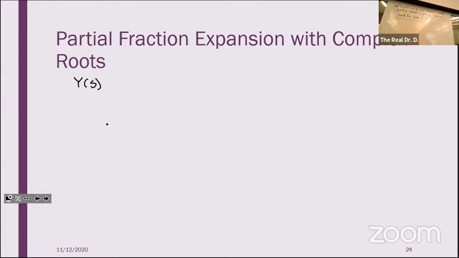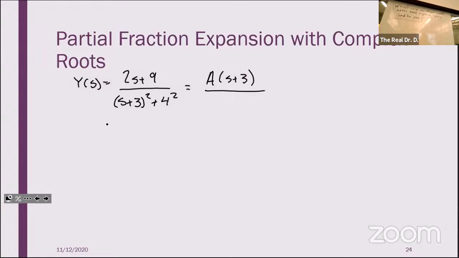Y of s is equal to 2s plus 9 over s plus 3 quantity squared plus 4 squared. And that's going to be equal to A times s plus 3 over s plus 3 squared plus 4 squared plus B times s over s plus 3 squared plus 4 squared. Where did those come from? Good question.